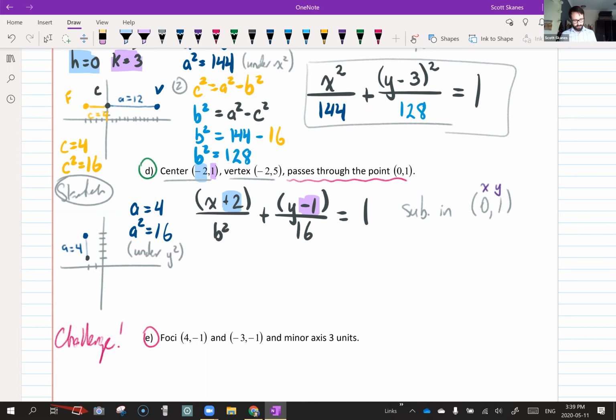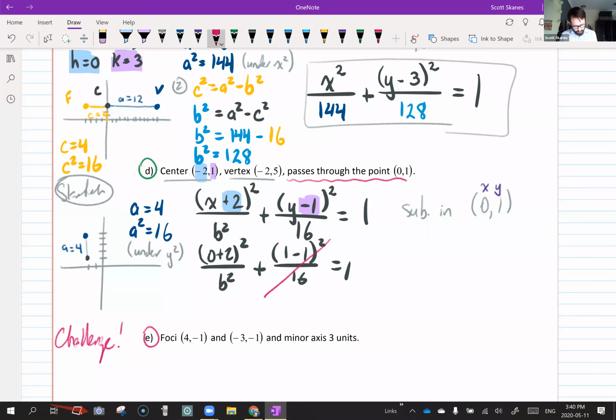Okay, and now we solve. It's actually quite simple. I also forgot the squares. This is what happens when I'm thinking about other things. So x plus 2, we're going to put in x equals 0. So 0 plus 2, square that, over b squared, plus, what's y? Well, y is 1. I'm substituting in 1, over 16, equals 1.